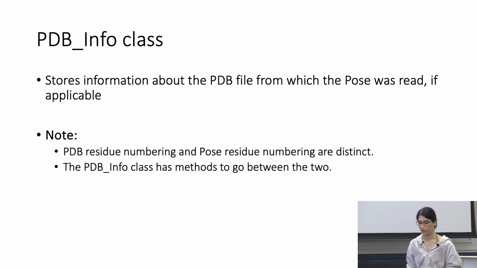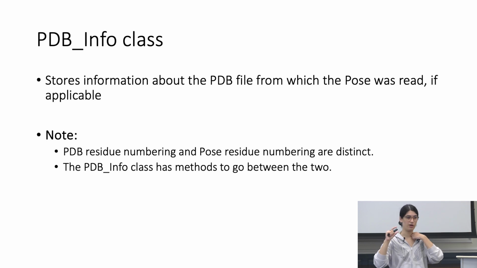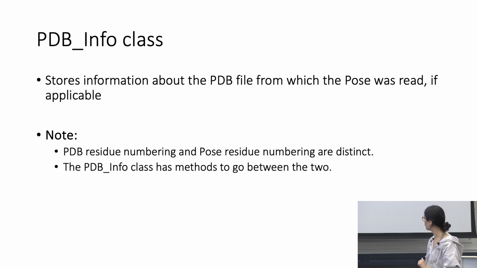So with the pose, with the PDB info, you can read this type of information and make any necessary corrections. You can also, what's not mentioned here, read the header of the PDB file. So if you're interested in reading the author section, you'd also be able to do that. And there should be a portion of that in the notebook.